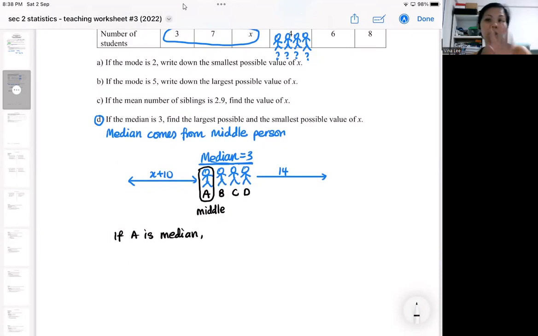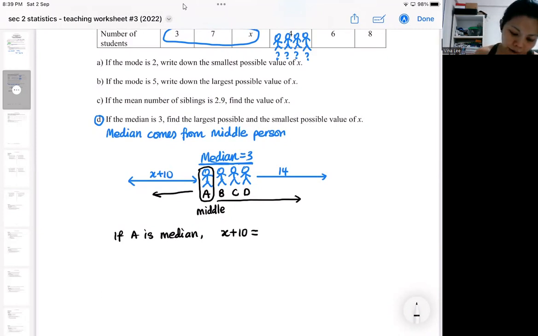So what is the implication of the middle guy? That means the number of people on his left will be equal to the number of people on his right. If A is the middle guy, the people on his left will be X plus 10. It should be equal to the people on the right side.